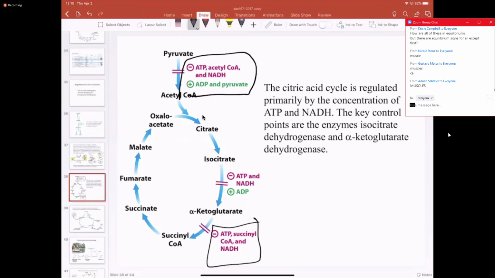Acetyl-CoA is the pyruvate dehydrogenase product, so that makes sense. The isocitrate dehydrogenase is regulated again negatively by ATP and NADH. Again, if you have lots of them, why make more? And it's stimulated by ADP for the same reason as pyruvate dehydrogenase was stimulated. And these are the key control points for the citric acid cycle.